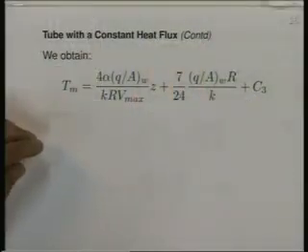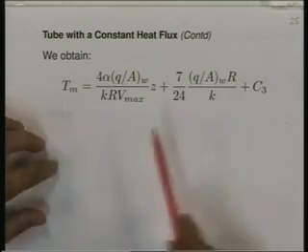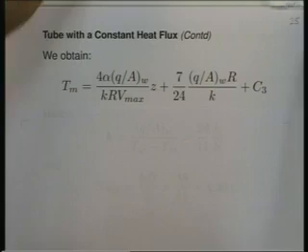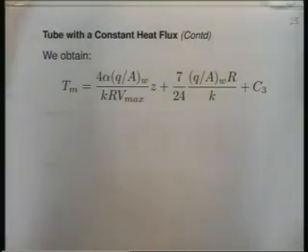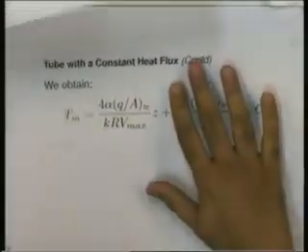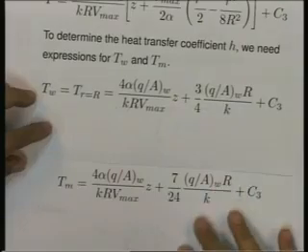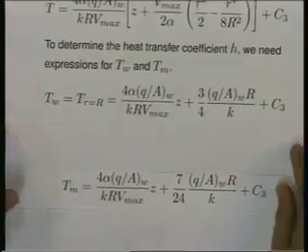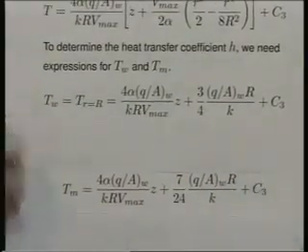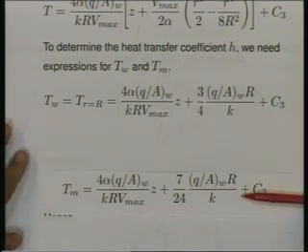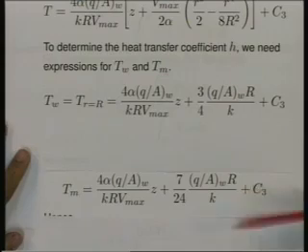In characteristics, it is very similar to the expression for the wall temperature. Let me get the expression for the wall temperature. The expression for the wall temperature is here. So, this is the wall temperature expression here. This is the mean temperature expression.